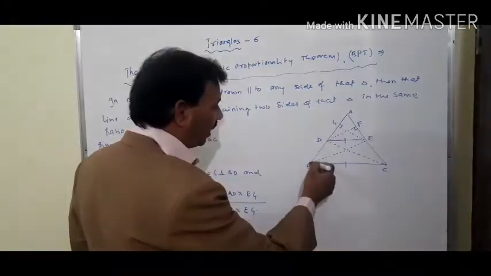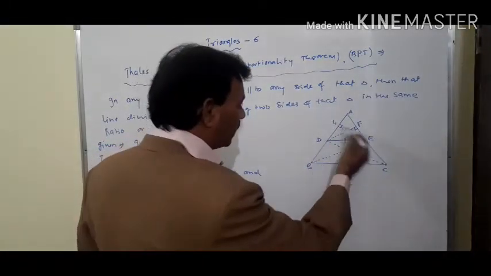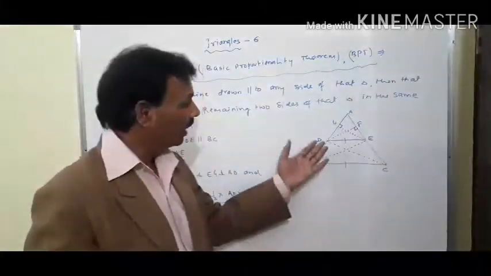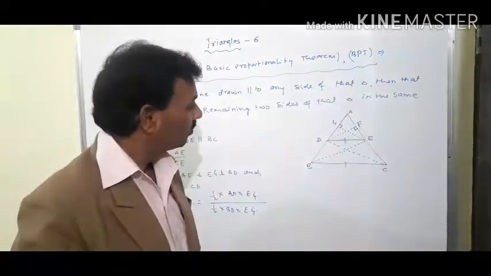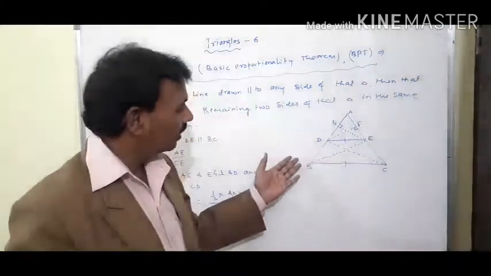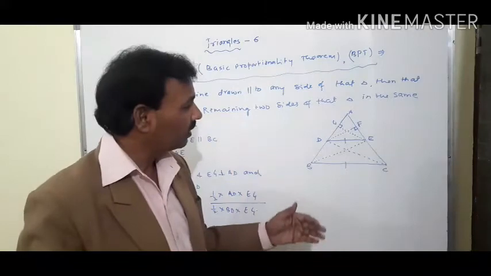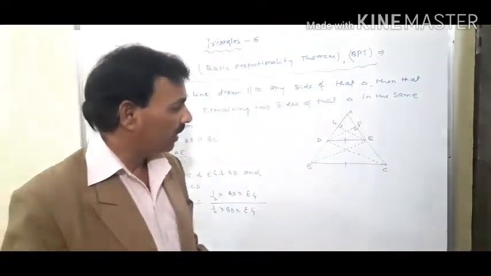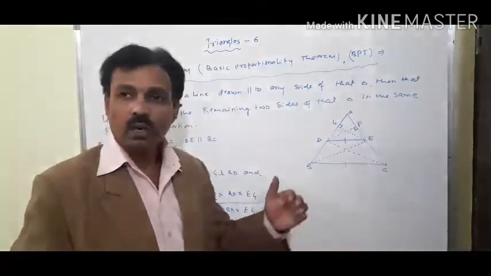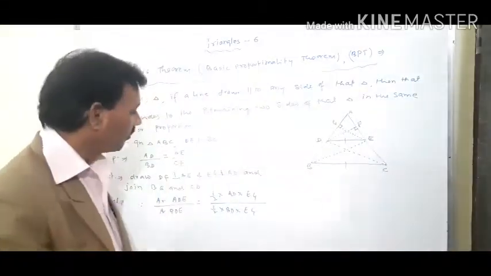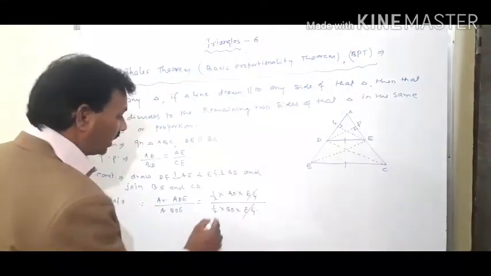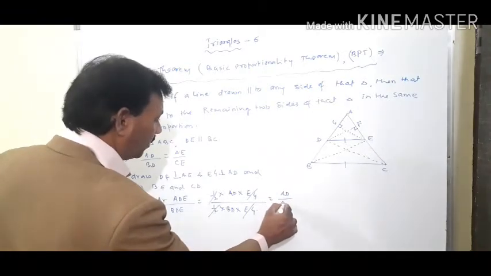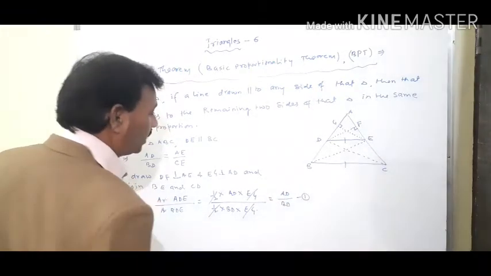EG will be the height of triangle BDE also, but it is outside the triangle BDE, since one angle is obtuse, and in this situation the perpendicular always comes outside the triangle. EG and EG will cancel, half and half will cancel, then this will be AD upon BD. This is equation first.